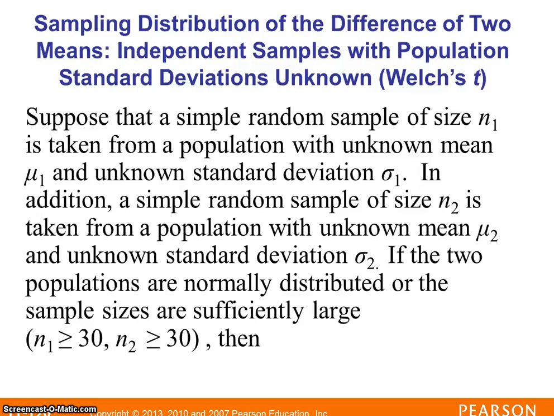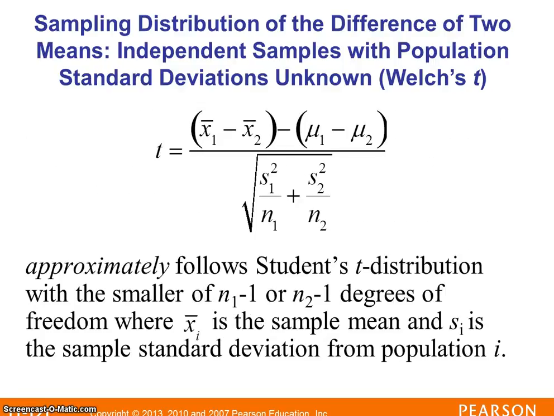In addition, a simple random sample of size n2 is taken from a population with unknown mean mu2 and unknown standard deviation sigma 2. If the two populations are normally distributed or the sample sizes are sufficiently large, then this test statistic can be used, and it will approximately follow Student's t-distribution.